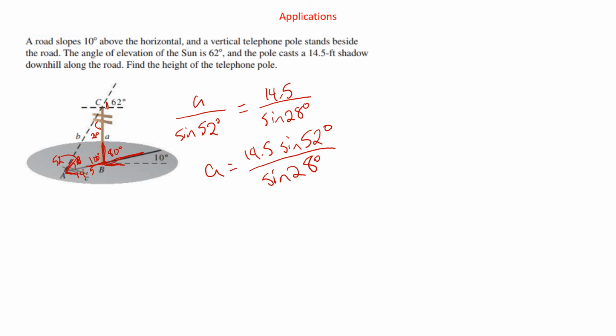So A is 24.34 feet tall. So the height of the telephone pole is 24.34 feet. Now we don't need to find all the other pieces. In this case, it was just asking us what is the height of the telephone pole. So like that side length B, we don't need to find.